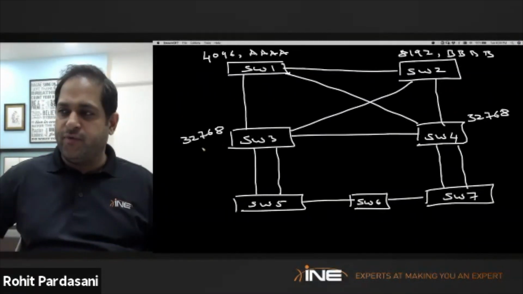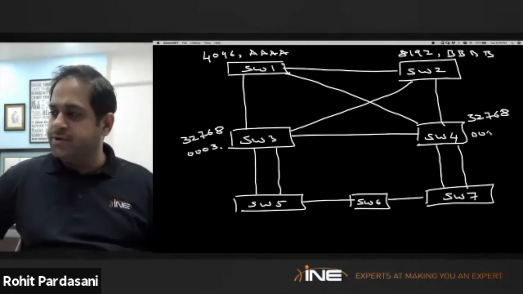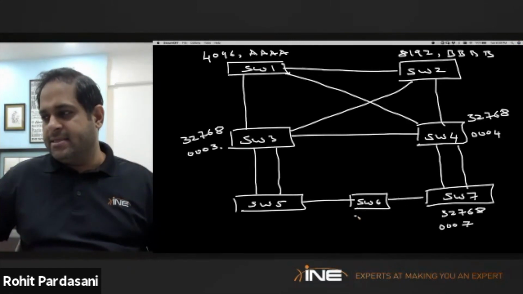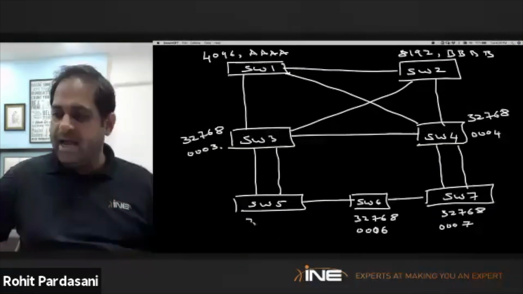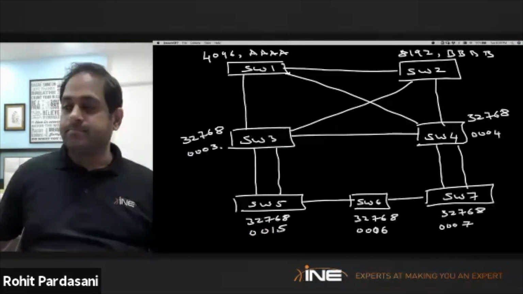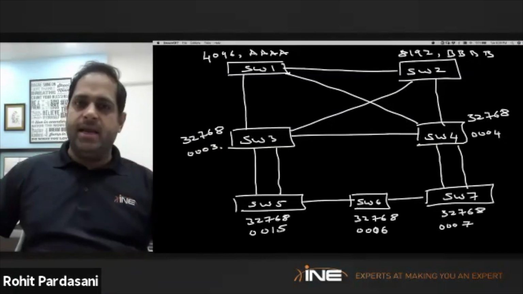And the MAC address of switch 3 is 0003 dot something, and this is 0004. And this is going to be, again, 32768, 0007. And let's put this as 32768, 0016, or in fact 06. And let's keep this as 32768 as 0015. Okay? And all my links are Fast Ethernet.